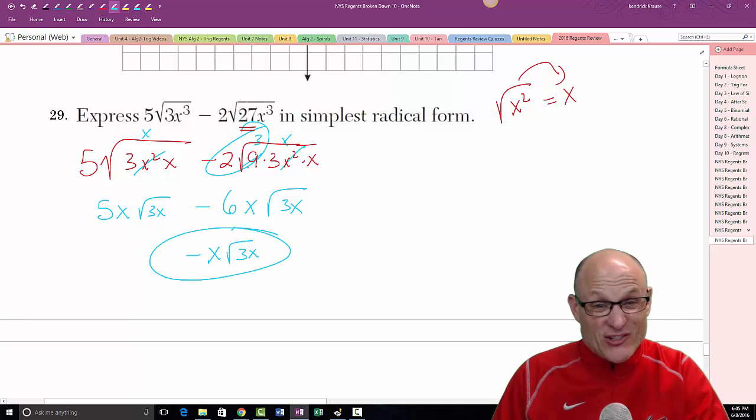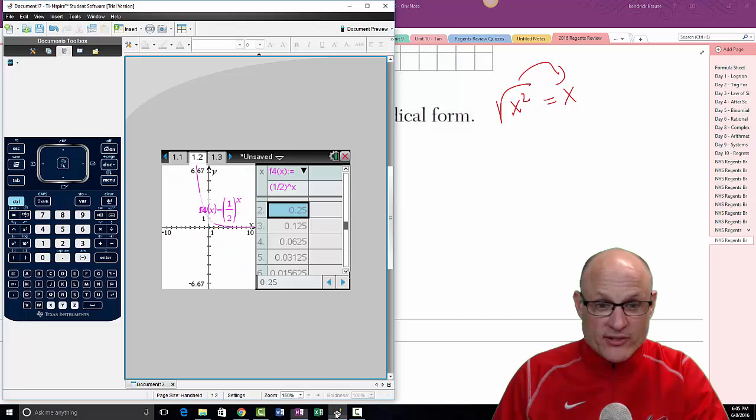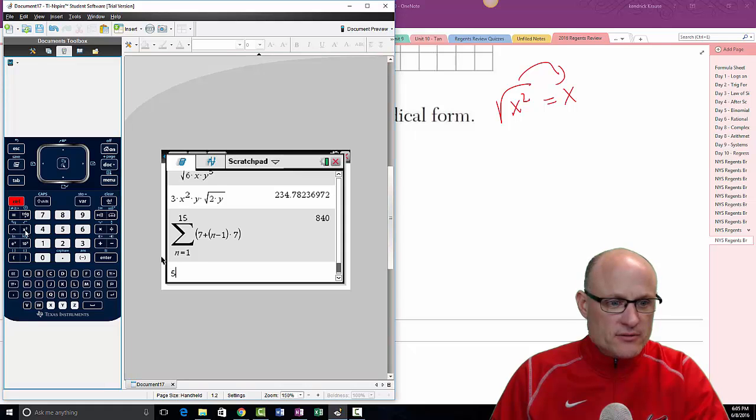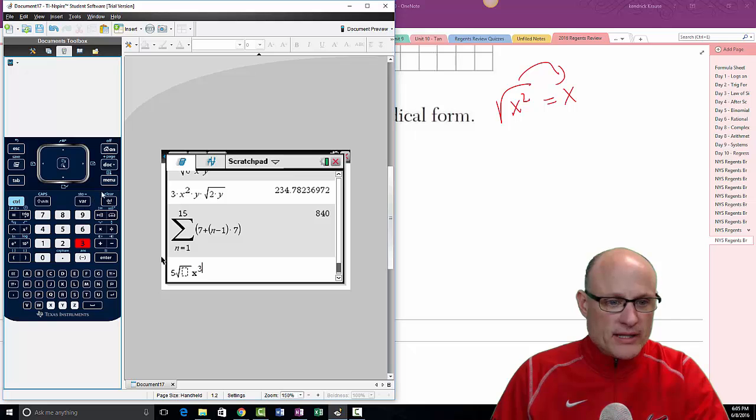Again, this is one I can check with the calculator if I want to. I come over here and I say, okay, 5 3x cubed minus 2 square root 27x cubed. If you have the calculator, it goes pretty fast.